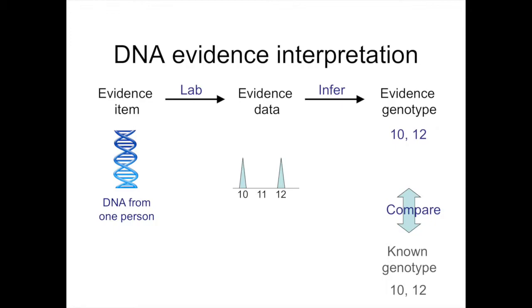That's the signal. And then the inference step shown on the right arrow is to determine what that genotype is. Well, with data this simple from one person, out of 100 possibilities of what the genotype value could be, of what those allele pairs can be, the data collapses those 100 possibilities to just one possibility, the 10, 12.